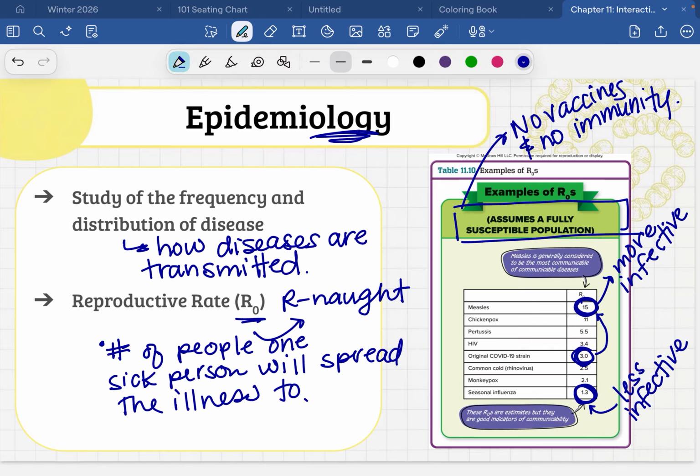So the measles with an R naught of 15 is more infective than influenza, which has an R naught of 1.3, which should make sense. Again, on average, more people will get sick from the measles than influenza. So the measles is more infective.